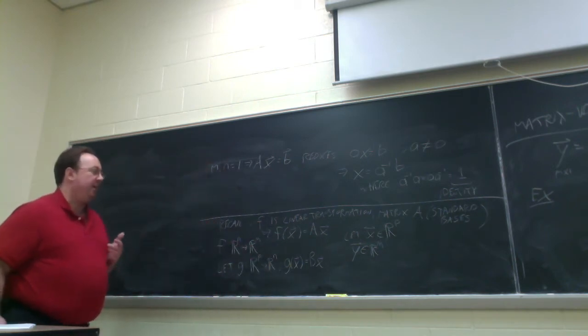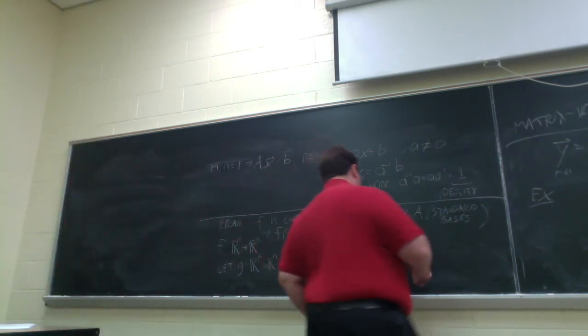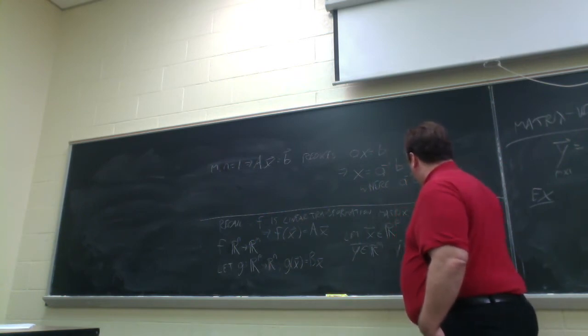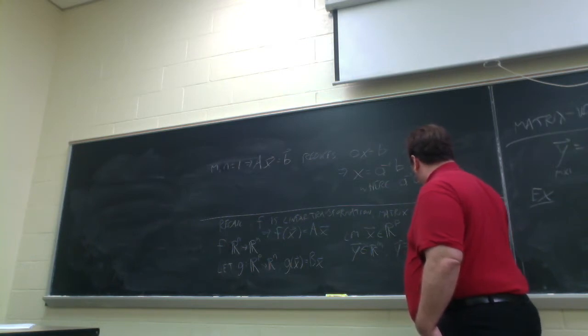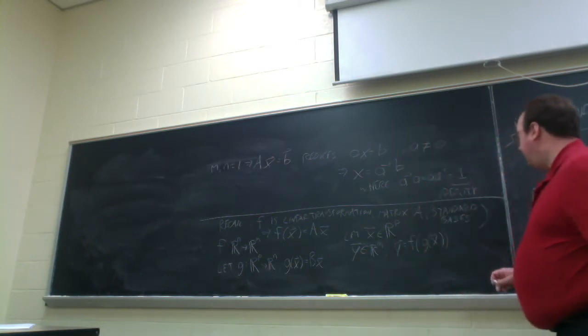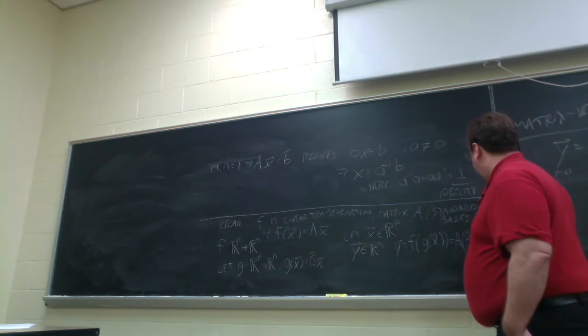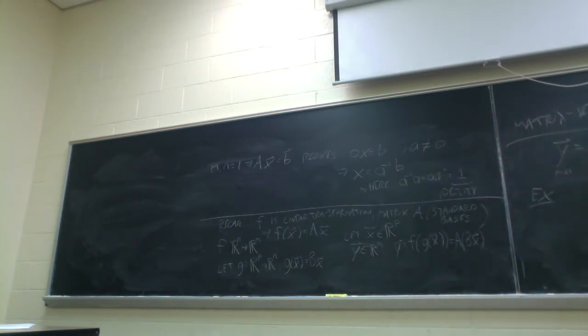And the way I'll define y is f of g of x. So it would be the matrix A times the vector Bx.